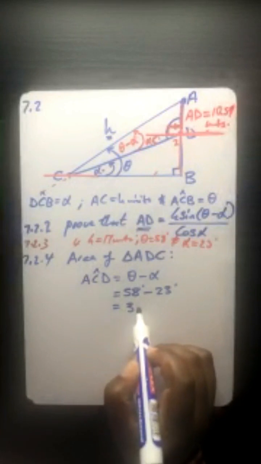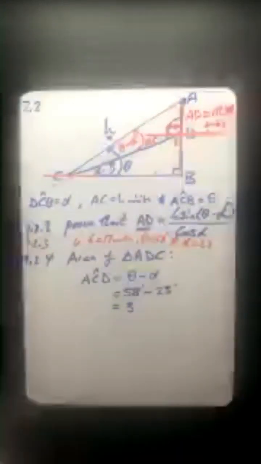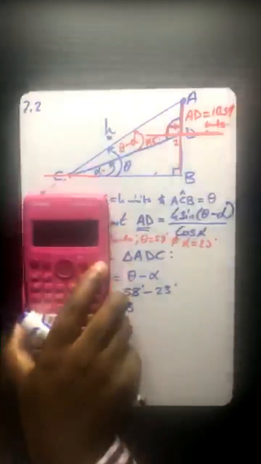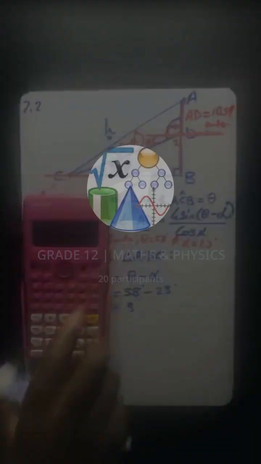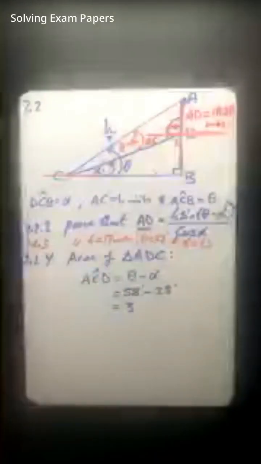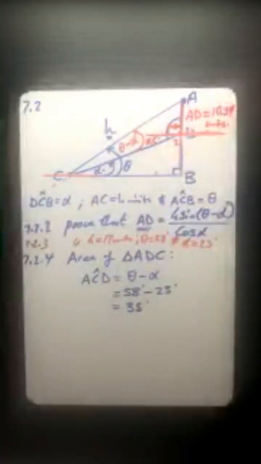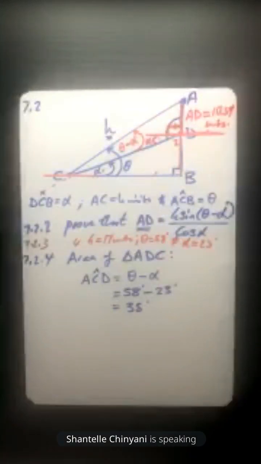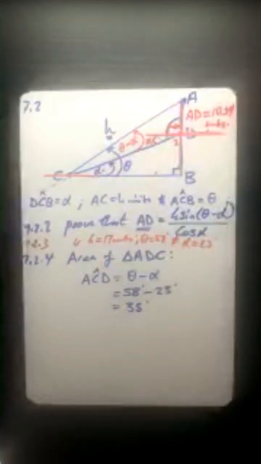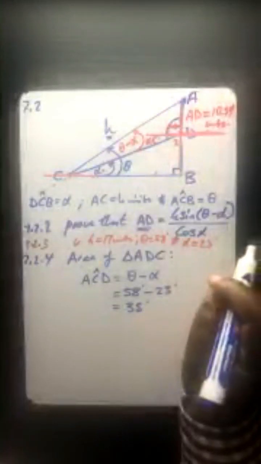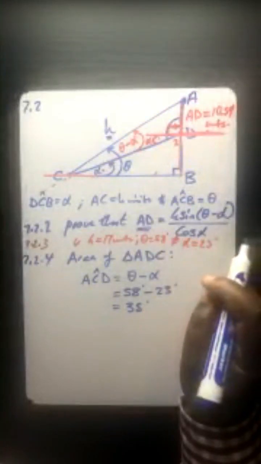Yes, sir, I used the calculator. 58 minus 23 is 35. Okay, so from there, I'm not sure, but I know that we have H and we have AD. So give us AD.